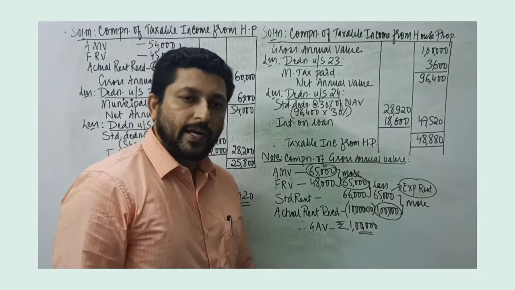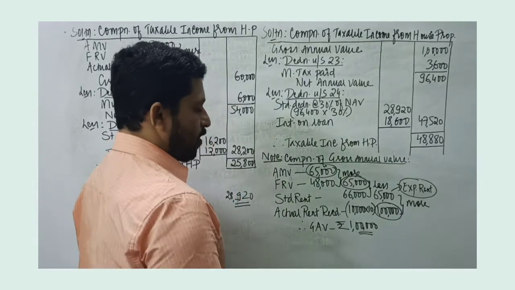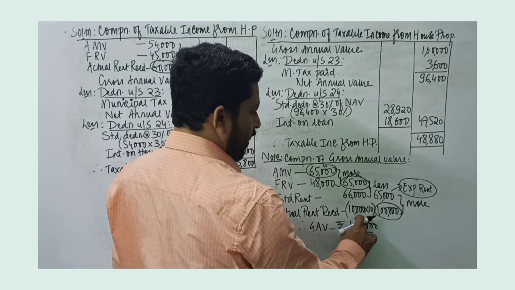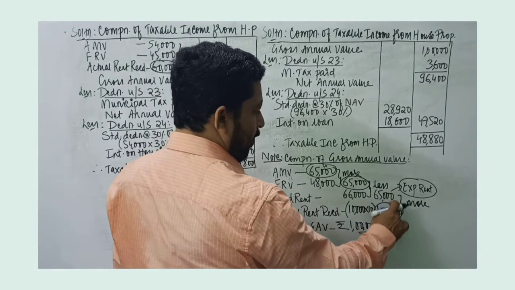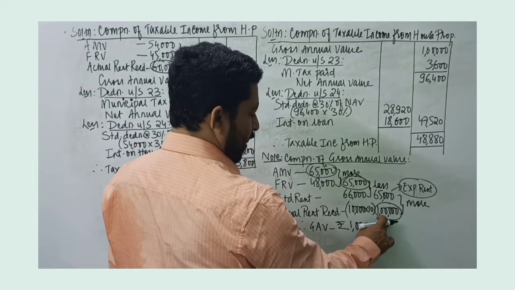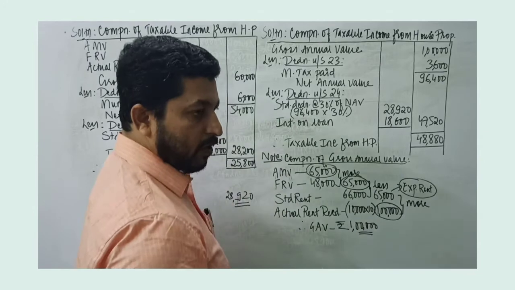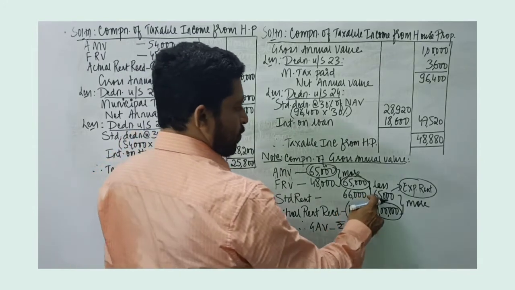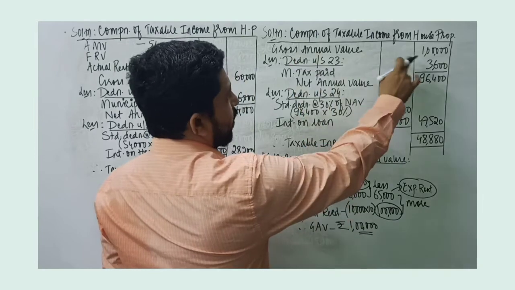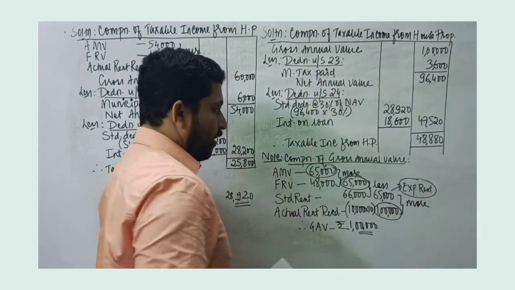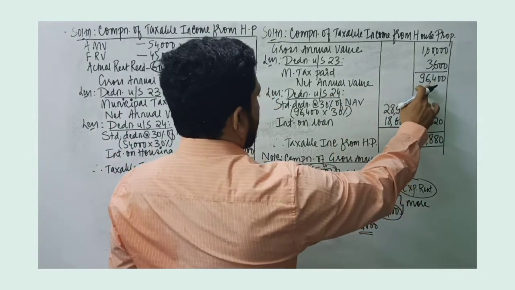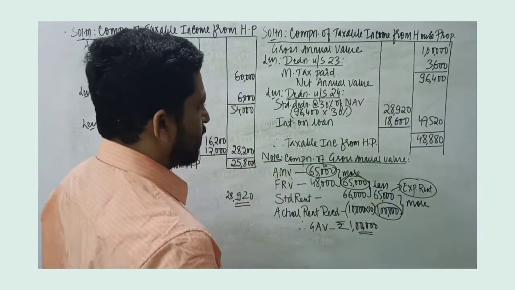The rent per month received is 10,000 and the house remained vacant for 2 months. That means actual rent received is only for 10 months, so that gives you 1 lakh. Compare that, whichever is more, so we take gross annual value as rupees 1 lakh. We don't have to go to step 4, for the simple reason that expected rent does not become gross annual value. So we directly take GAV as 1 lakh, deduct the section 23 municipal tax paid, 3,600, and you get 96,400 as the net annual value.